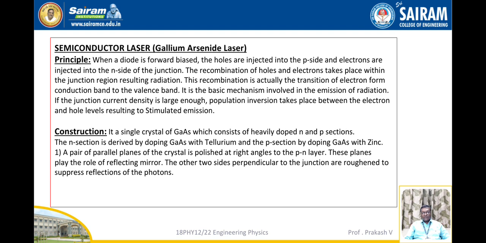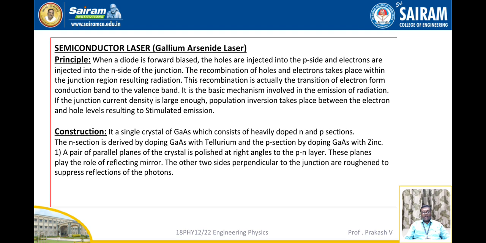It is the basic mechanism involved in the emission of radiation. If the junction current density is large enough, population inversion takes place between the electron and hole levels, resulting in stimulated emission.